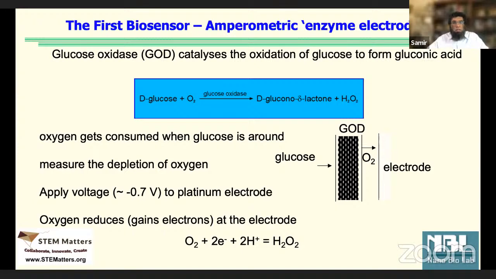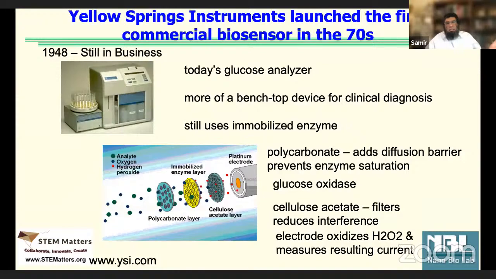So GOD is the catalyst that results in oxidation of glucose, and that gives us an electrical signal, a change in voltage. This has helped us move things much faster for other kinds of sensors also.